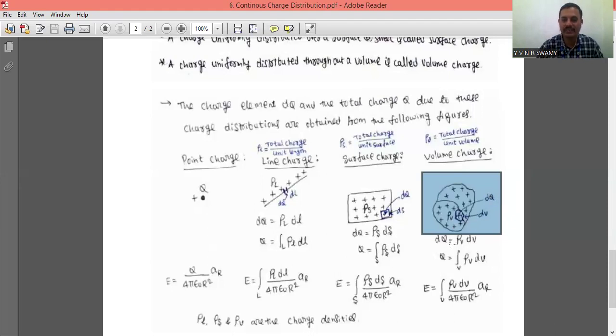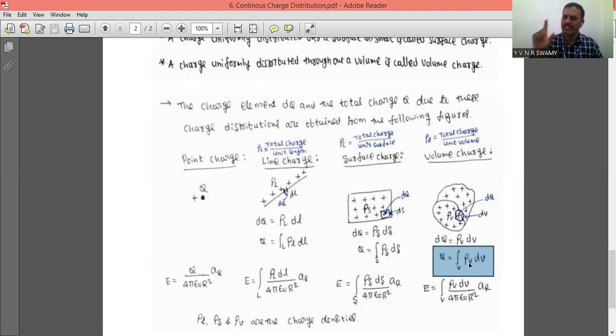Then dq is equal to rho V dV. Then q is equal to volume integral of rho V dV. In the same fashion, you have to replace Q with this volume integral of rho V dV in the electric field formula due to a point charge.